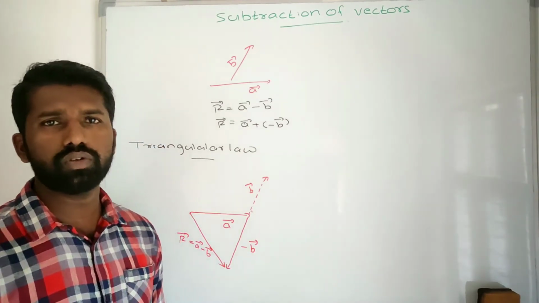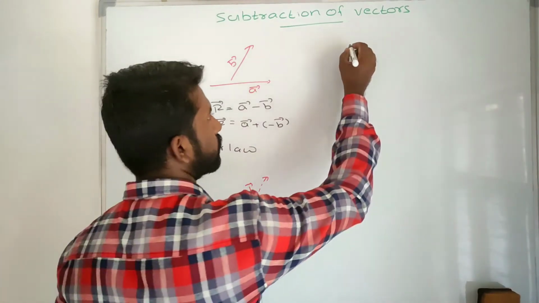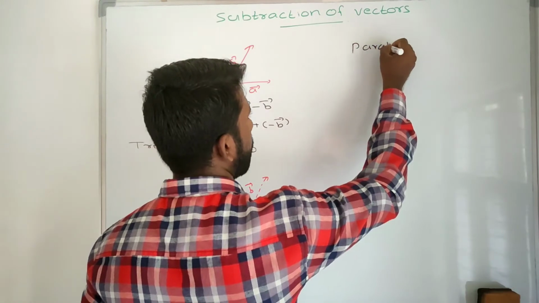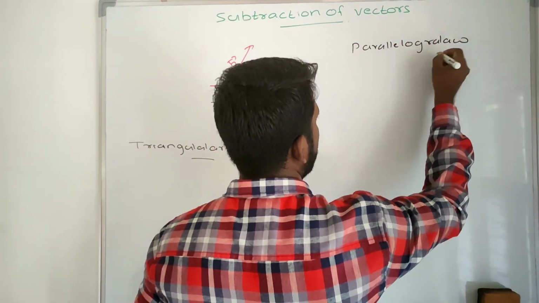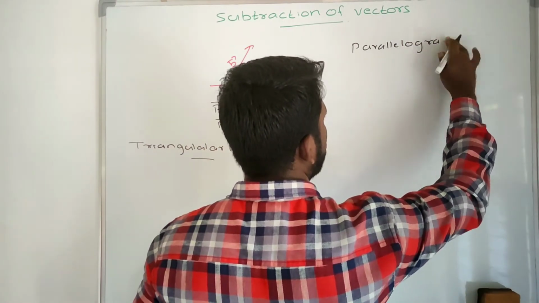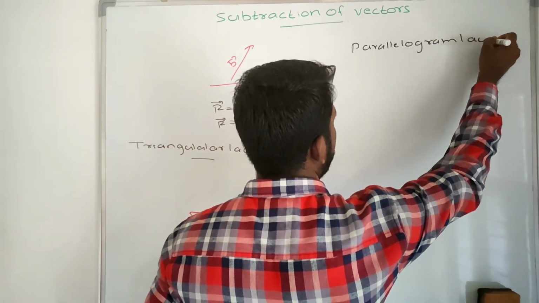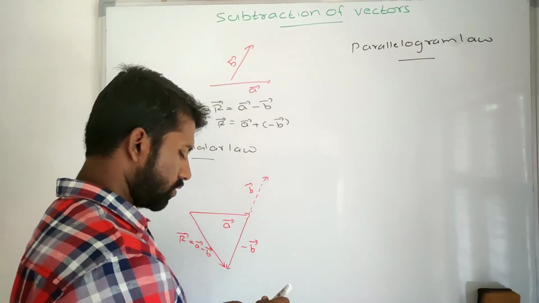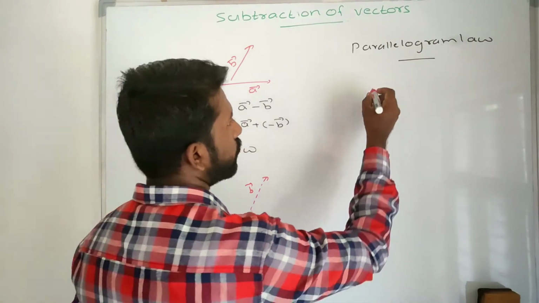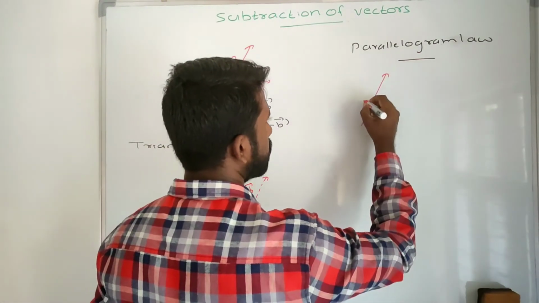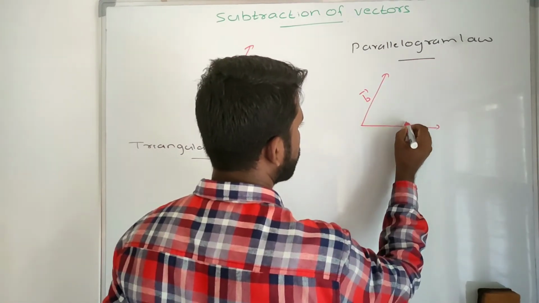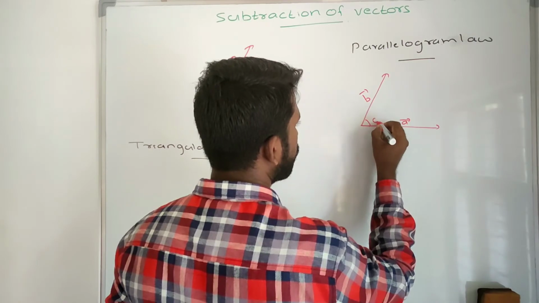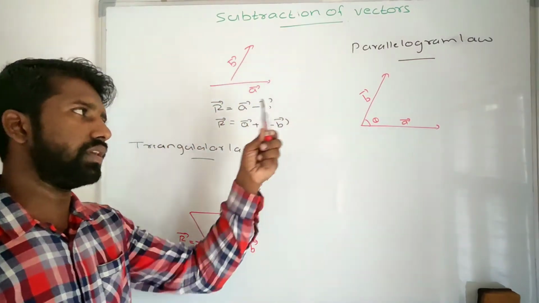Okay, now I am going to apply the parallelogram law. I consider two vectors: this is the B vector and this is the A vector. These two vectors make an angle theta.